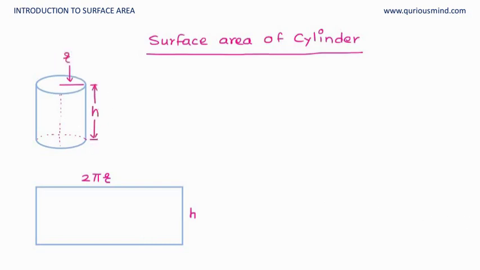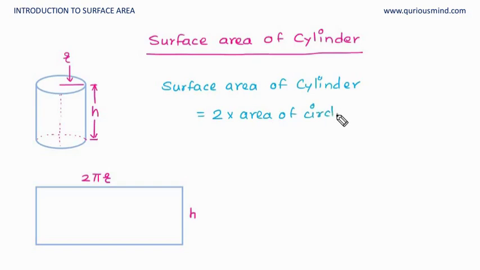And so now we can easily find the surface area of cylinder. 2 times area of the circle plus area of rectangle. So that is equal to 2 times, what is the area of circle?